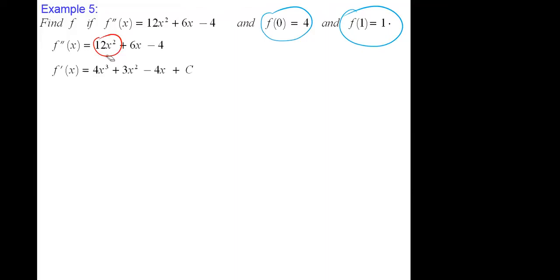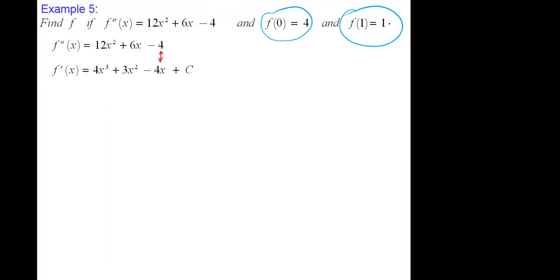And for the constant, the antiderivative for 4, of course keeping the negative, it's 4x, because derivative of 4x is 4. Nice and easy. And always the constant at the end, always.